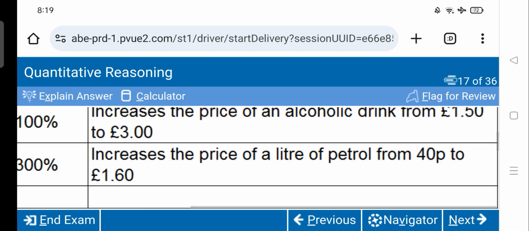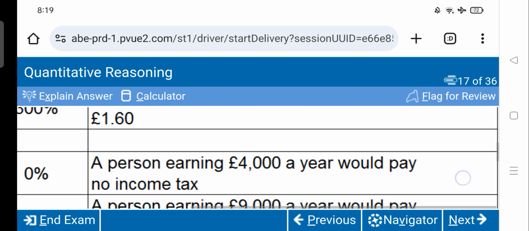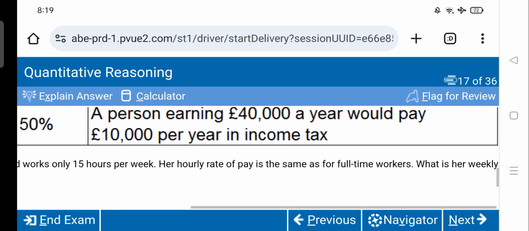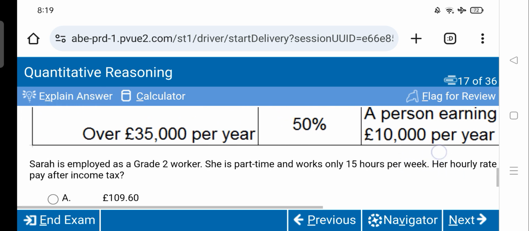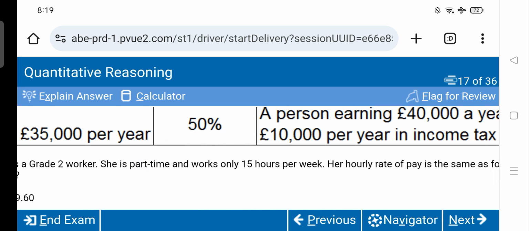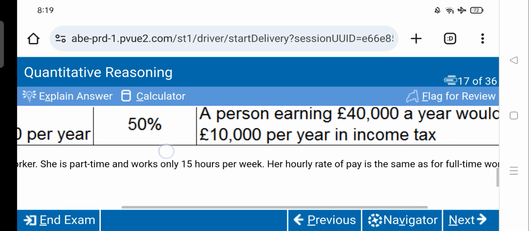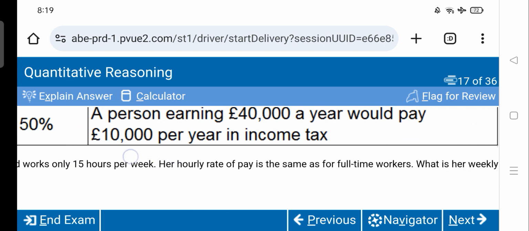That's how you can read all of these values. So the question is that Sarah is employed as a grade 2 worker. She is part-time and works only 15 hours per week. Her hourly rate of pay is the same as for full-time workers.